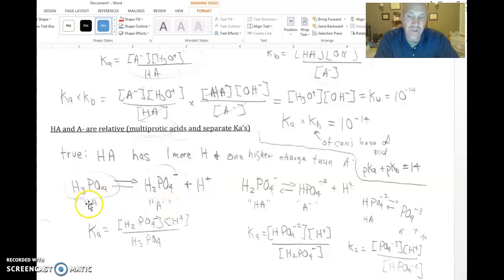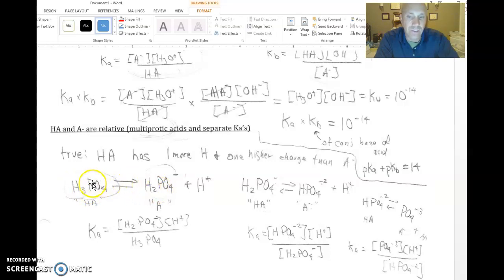Notice that your HA is something that's got 3 hydrogens, and your A minus has 2 hydrogens, even though generically you're saying A minus, which doesn't have any. The important thing here is that this has one more hydrogen than this.